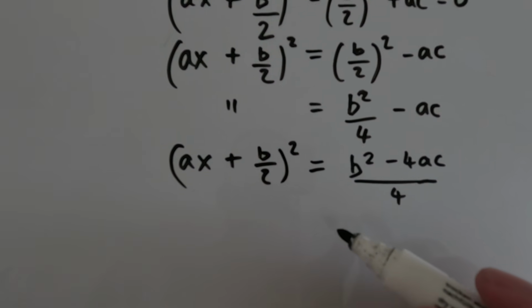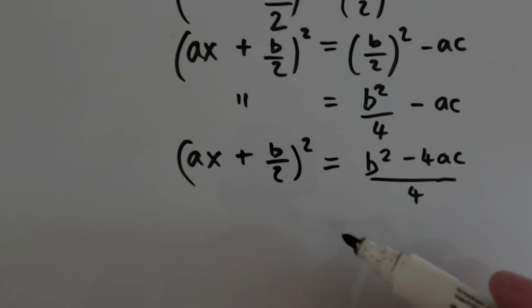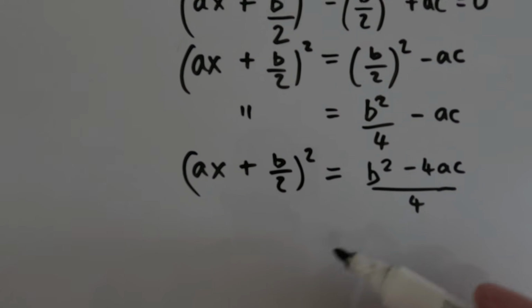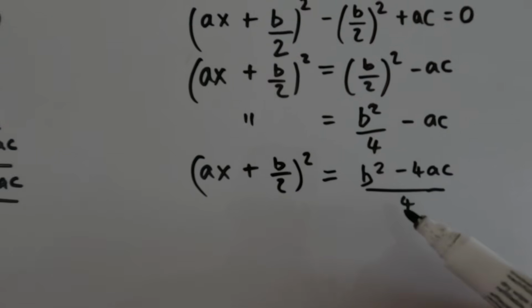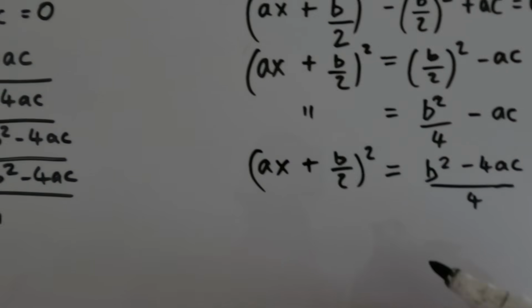Okay, so what can we do now? Well, we could take square roots, or we could bring the 4 over to this side and simplify. I'm going to take square roots.